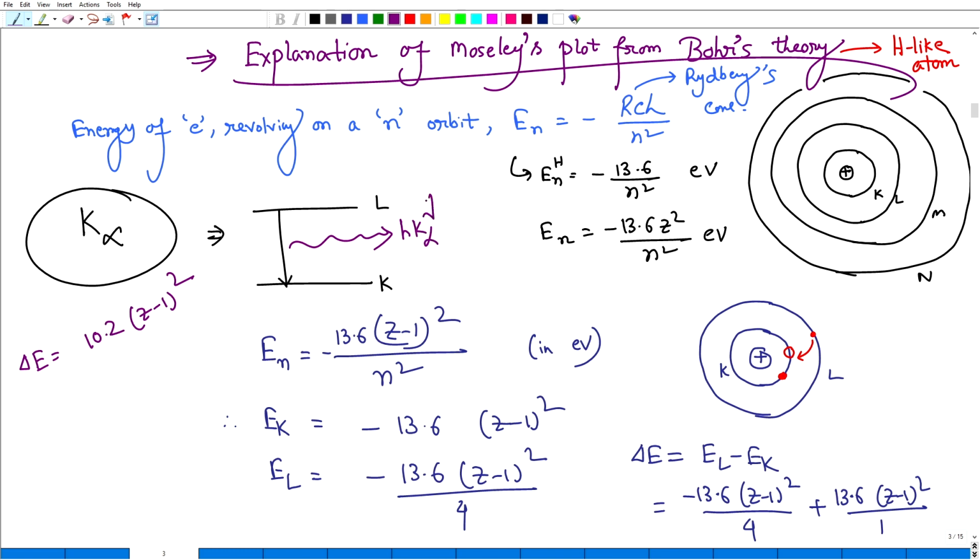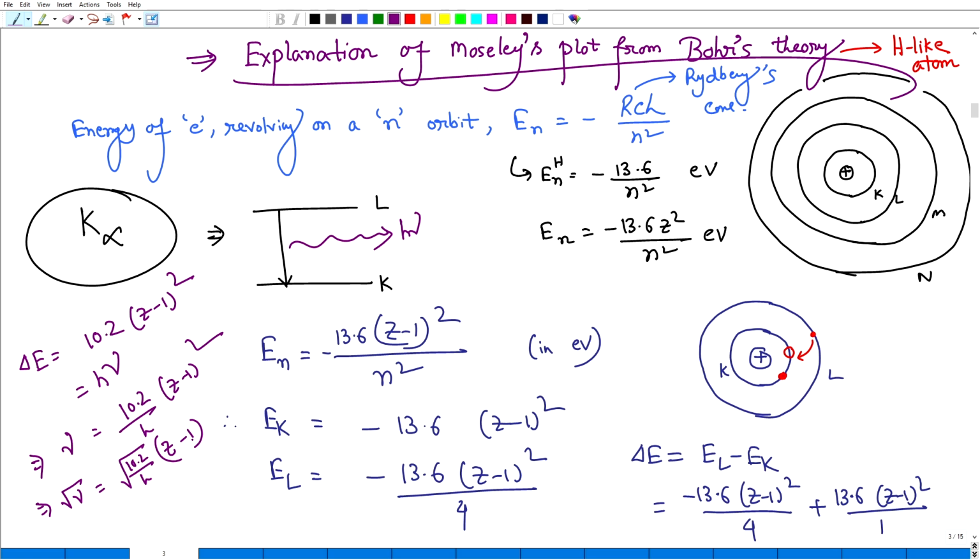So nu is 10.2 by h times (Z minus 1) squared, and root nu is root over (10.2 by h) times (Z minus 1).